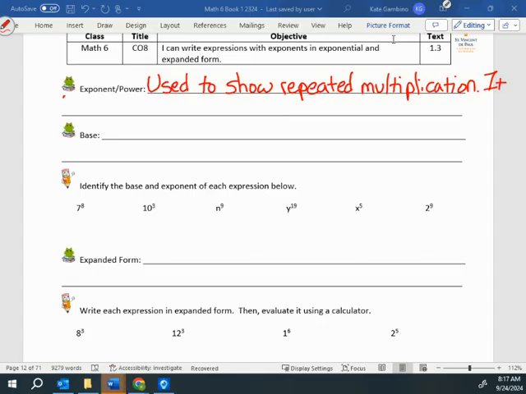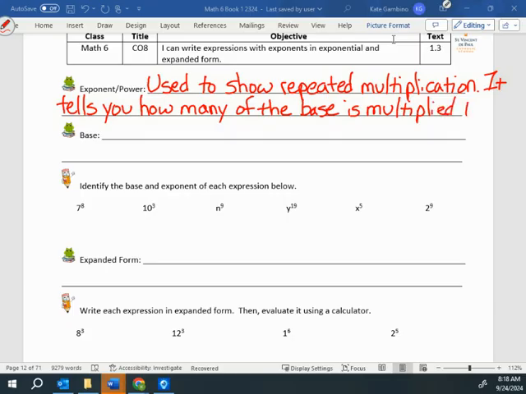It tells you how many of the base is multiplied together. So that exponent tells us how many times we're multiplying that number by itself.